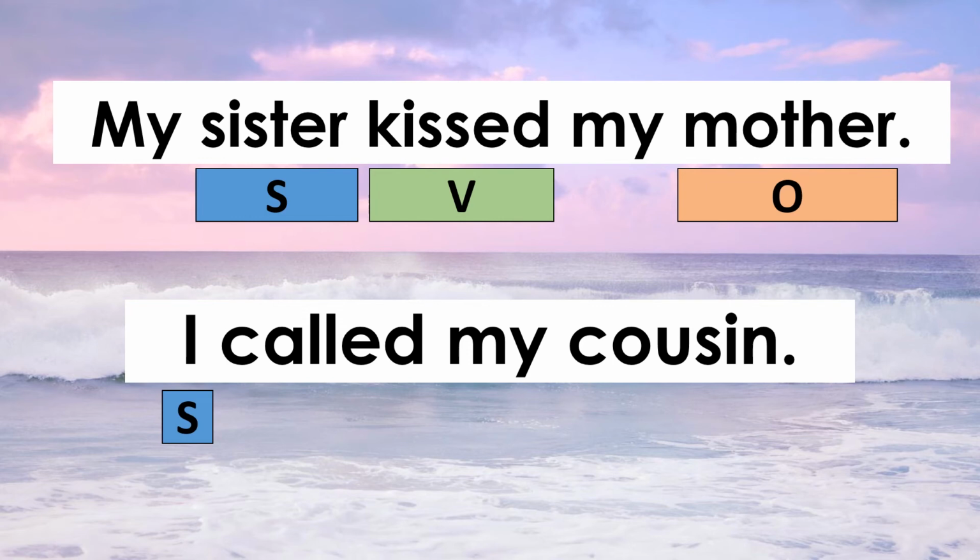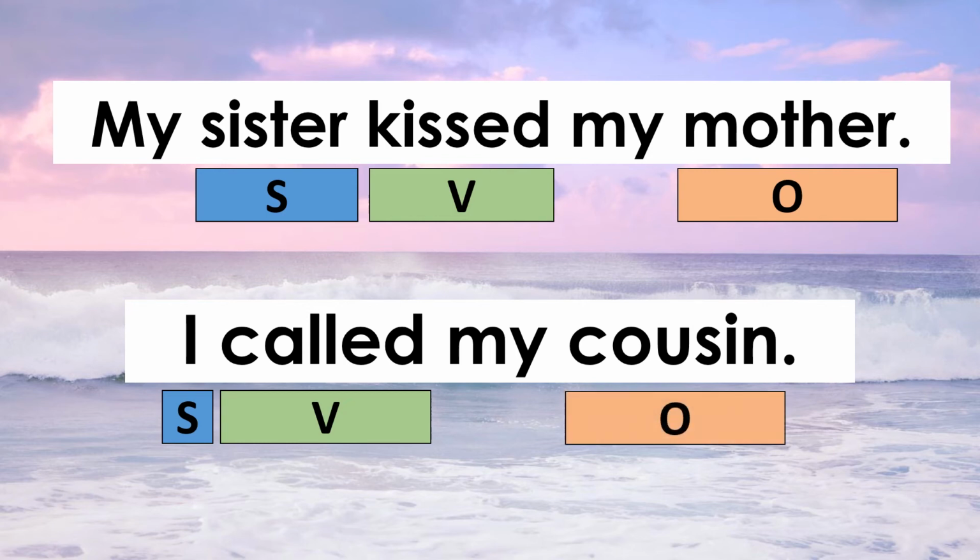How about the verb? Great job. Called. Subject is I and then verb is called. Now, what is the direct object or the receiver of the action? Very good. Cousin.